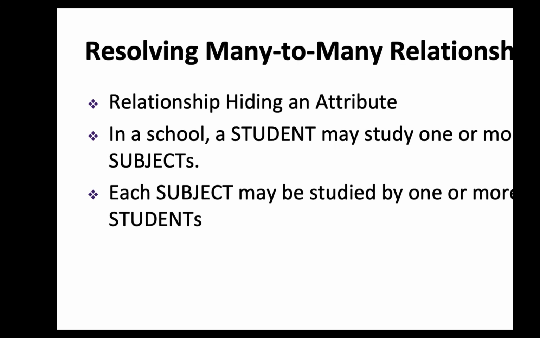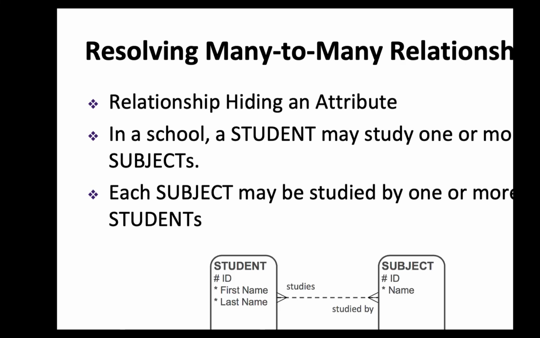Just like you people, you are taking 5-6 courses in this semester, and obviously in each course we have 50-60 students. It means that this database technology and other courses have a many to many relationship with students. So each subject may be studied by one or more students. That's why we have two entities and they have a many to many relationship.